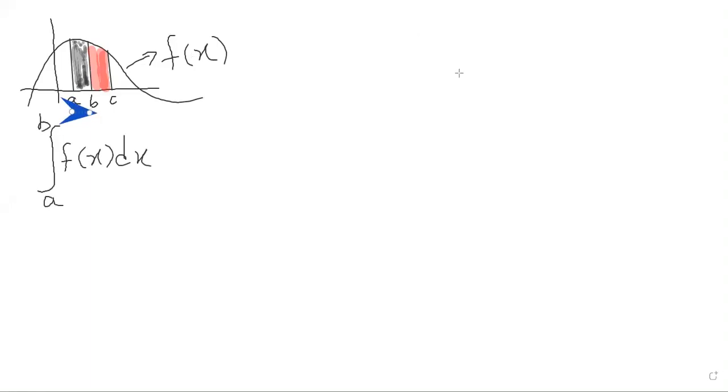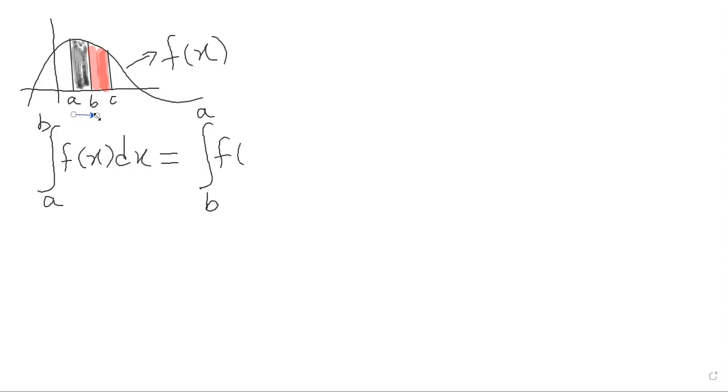Okay, like I have made over here, I'm going to get the area and it will be from the A to B portion. Now, I want to replace my upper limit with lower limit and lower limit with upper limit.